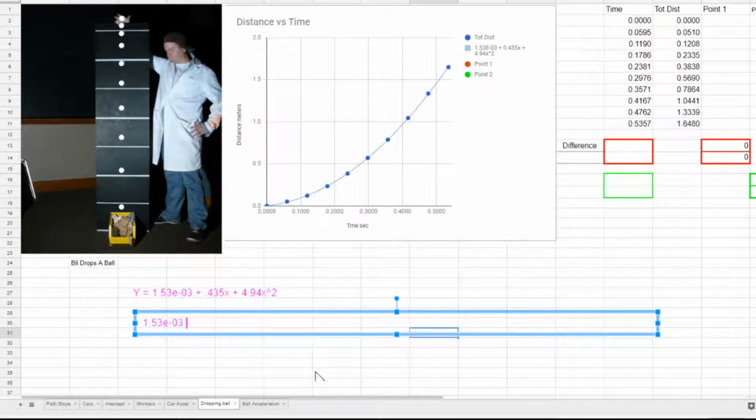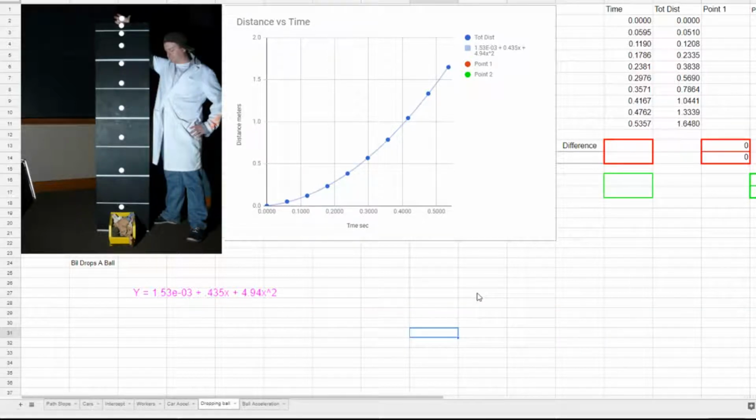So in scientific notation, it would be 1.53 times 10 to the minus 3. In normal notation, it will be written as 0.00153. Because 10 to the minus 3 is 0.001, and 0.001 times 1.53 is 0.00153. So that's all that is.